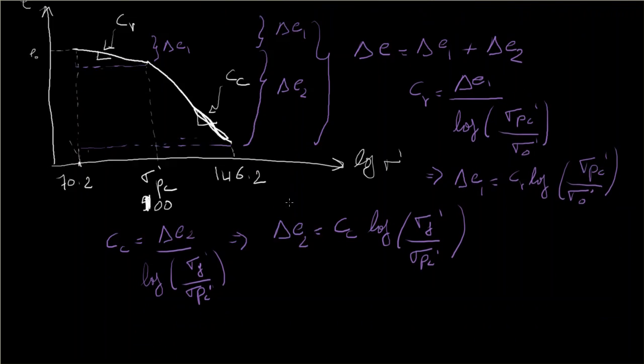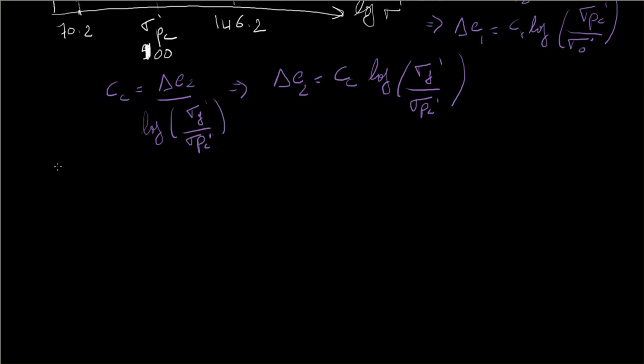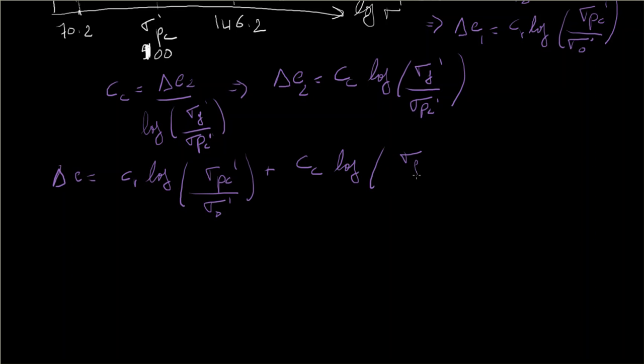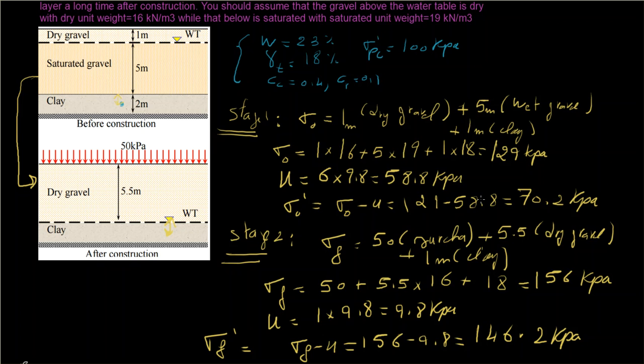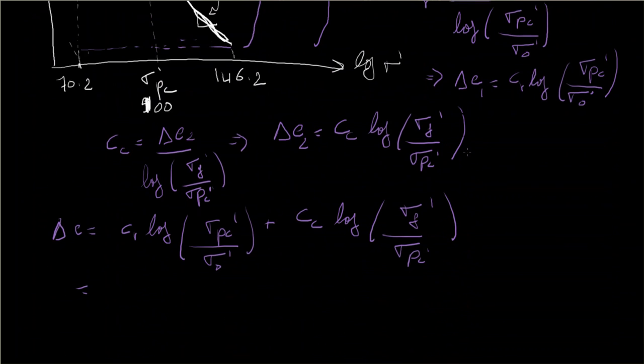Finally, delta e equals CR log sigma pc dash over sigma initial plus CC log sigma final dash over sigma pc dash. Substituting, CR was given as 0.1 and CC equals 0.4.